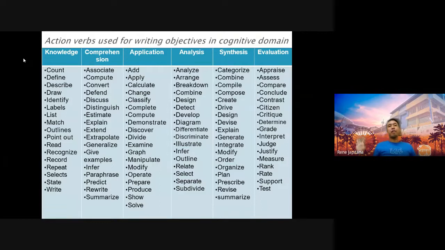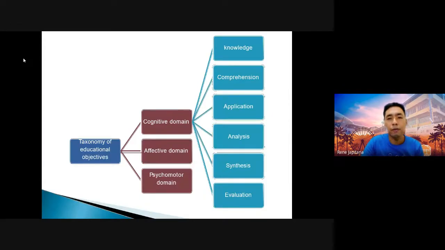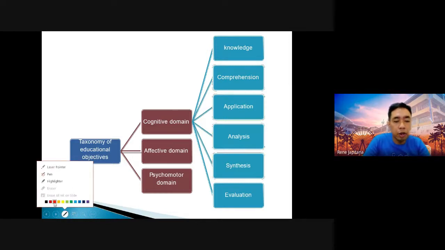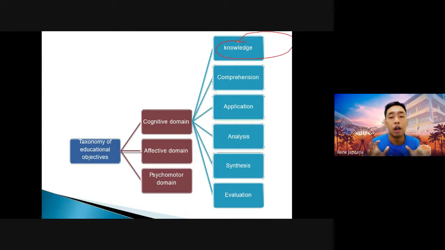So these are examples of cognitive domain action verbs to be used when you craft objective number one. Of course, objective number one will always be the cognitive. But in the cognitive, there are higher levels. It will depend on the type of learners that you have. For example, if we are talking about knowledge, this is a very simple one, a simple action verb.